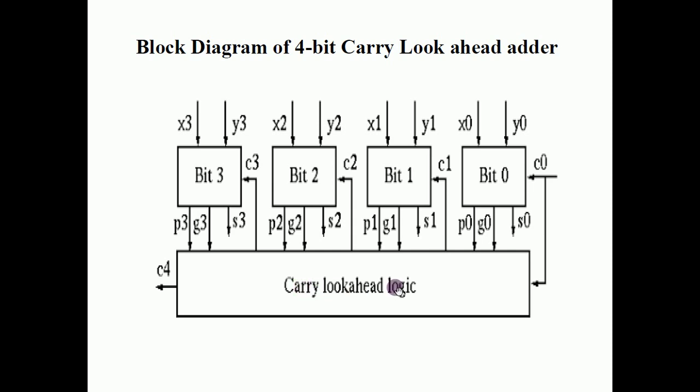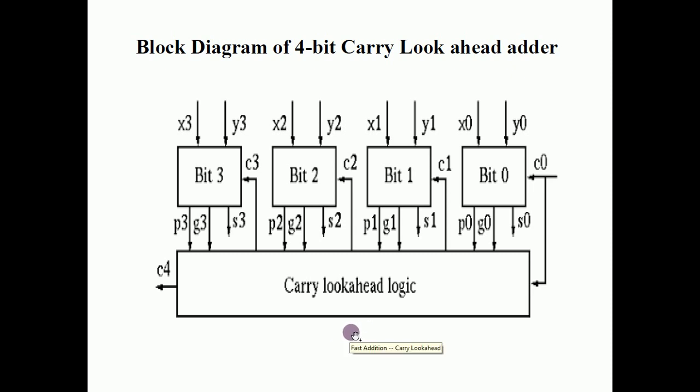A ripple carry adder normally takes more time to give out the output, whereas a carry lookahead adder gives out the output comparatively with less delay. Because of this advantage, we use this carry lookahead adder very prevalently.